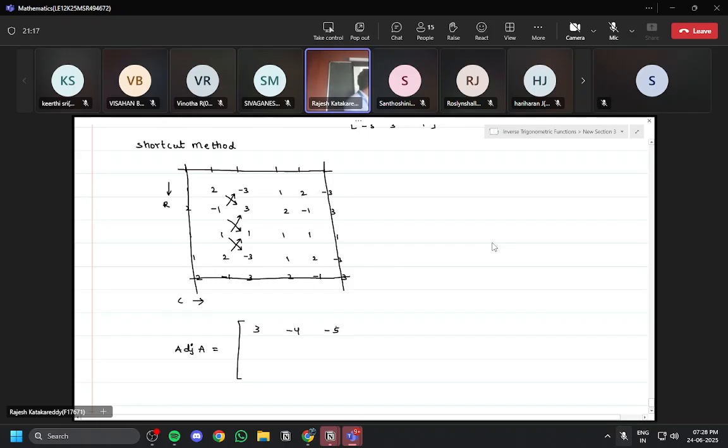For row 2 again, consider these 4 elements. Clear? Understood, these 4 elements, find the determinants. It is -6 -3, you will get -9. And then again, these two, 3 -2, you will be having 1.